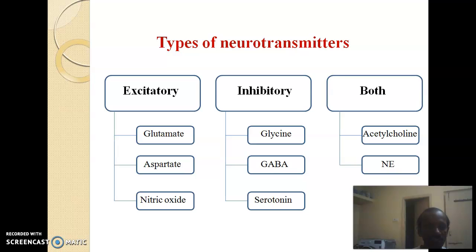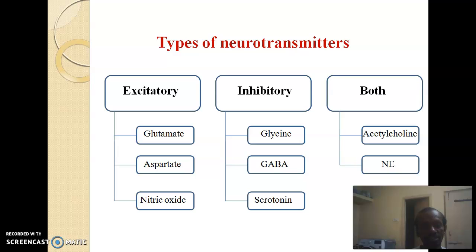Next, we discuss the classification of neurotransmitters. Based on the type of actions produced by the neurotransmitters, they are classified into three types, namely excitatory, inhibitory, and both excitatory and inhibitory neurotransmitters. The neurotransmitters which produce excitatory postsynaptic potential are usually termed excitatory neurotransmitters. Examples include glutamate, aspartate, nitric oxide.